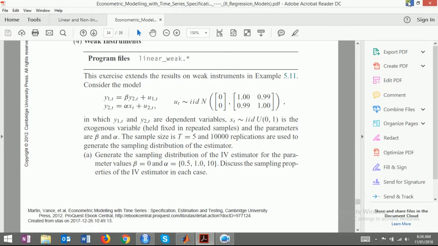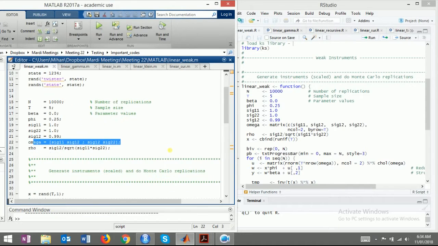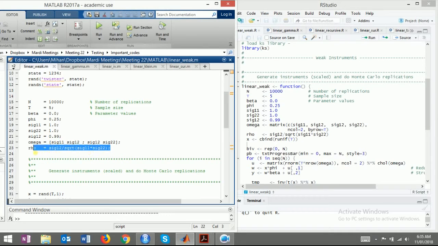These are already given to us. Omega is the variance covariance matrix: sigma 1 squared, sigma 12, sigma 12, sigma 2 squared. We first create a matrix with column bind, with 2 rows, by row.